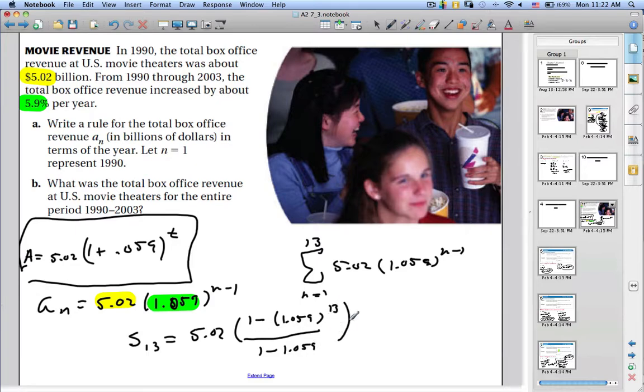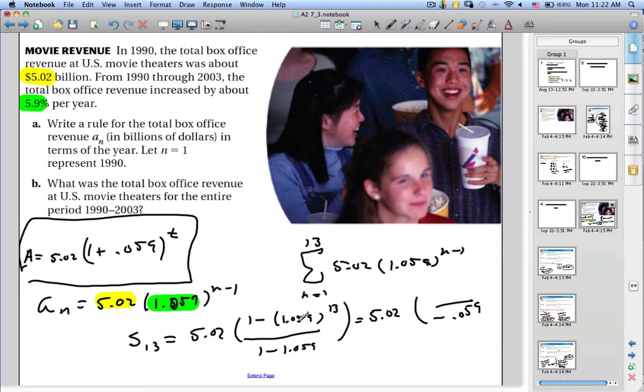Okay, so if I want to go ahead and simplify this, this will be 5.02. I'm going to do a little bit of the work, right? 1 minus 1.059, that's negative 0.059. Right, now I'm going to go back to my calculator.